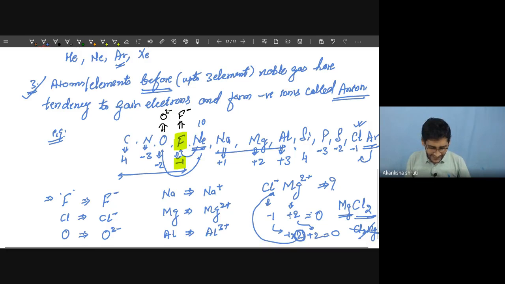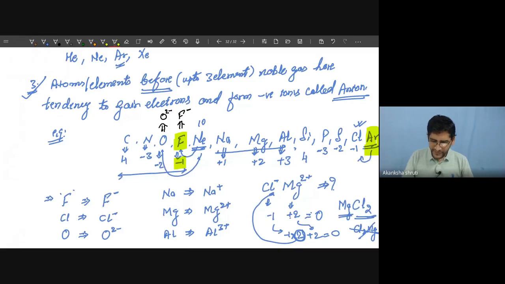This way I had explained many more things: that atoms have the tendency to get the noble gas configuration, and this noble gas configuration decides which magical number, means how much positive or negative valency is shown by those atoms. Okay, student, it is this one.